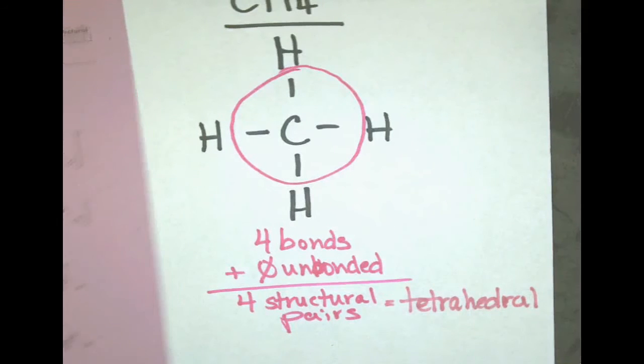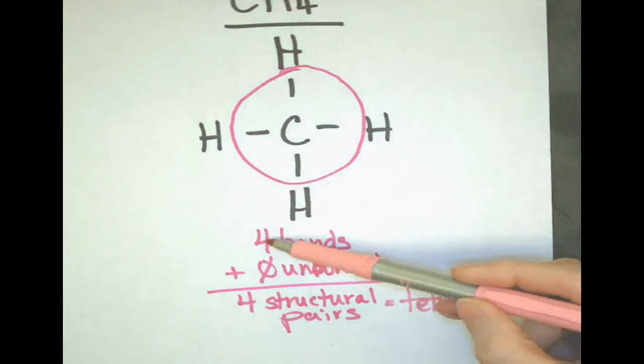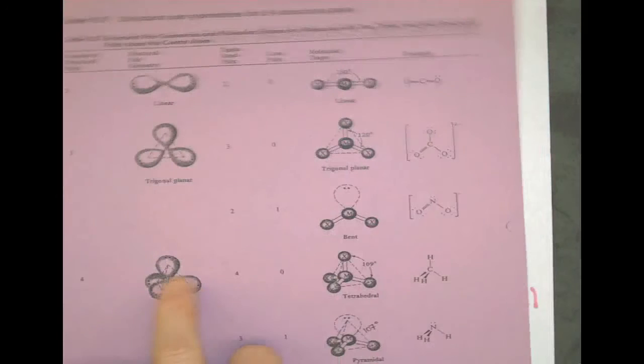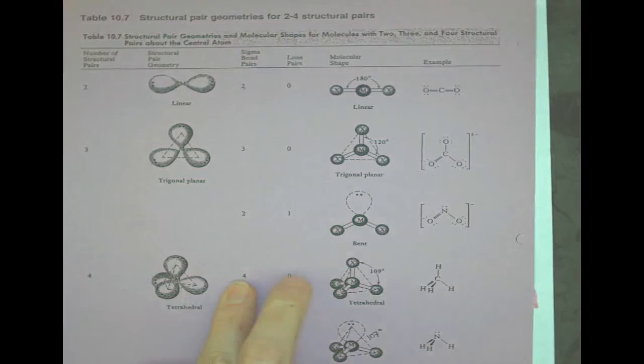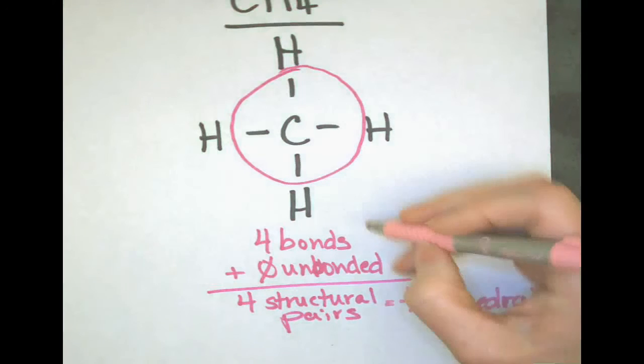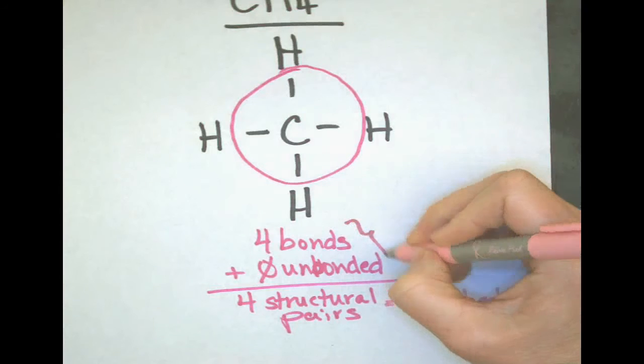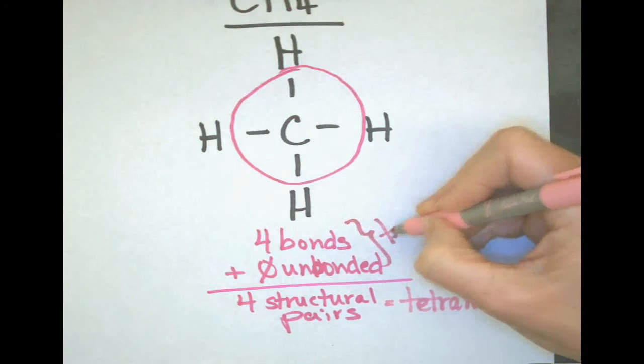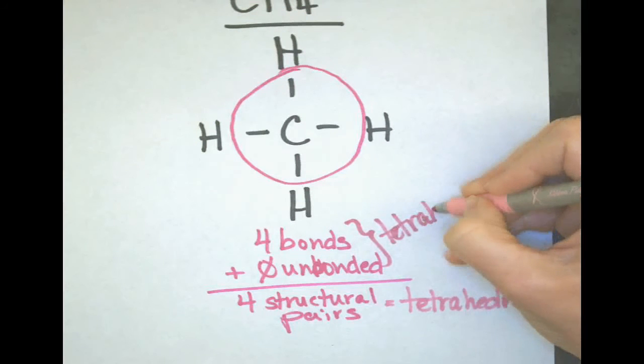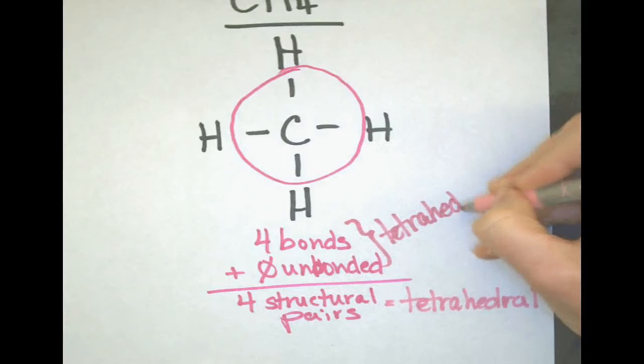And as I look at the structure of those pairs, 4 bonds and 0 unbonded, I continue across, I see 4 bonds, 0 unbonded, and that still tells me that this is tetrahedral. You must remember that you have to give me 2 answers. Every time I ask for a shape of a molecule, you must give me 2 answers.